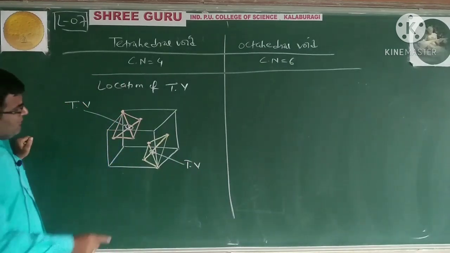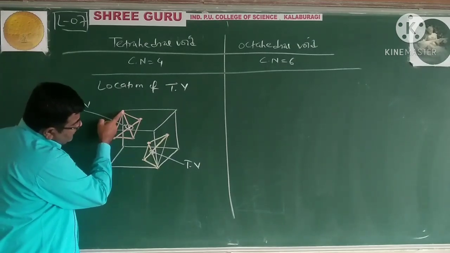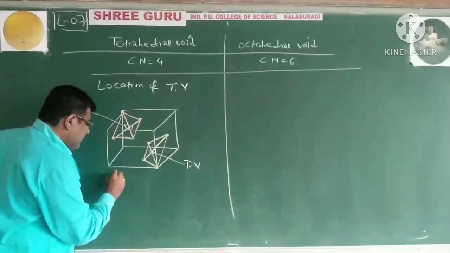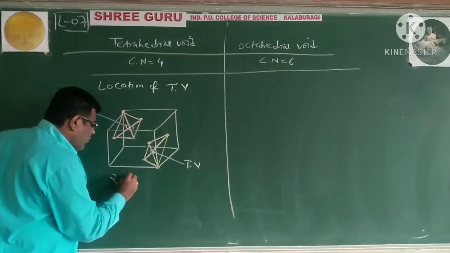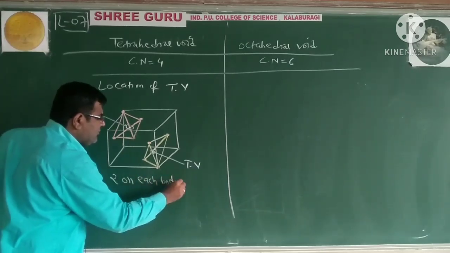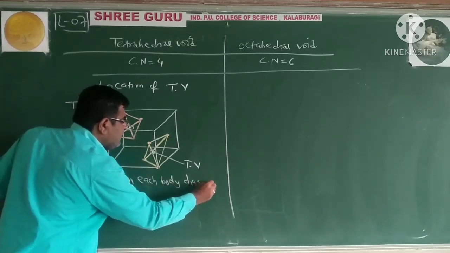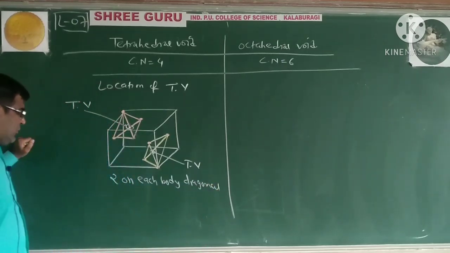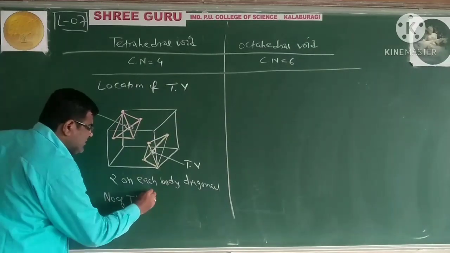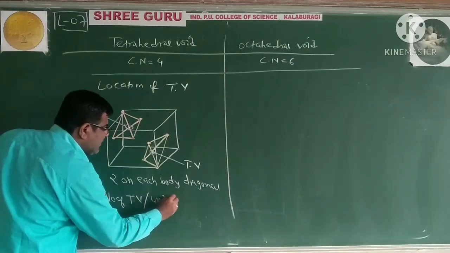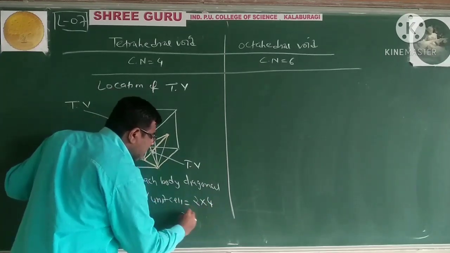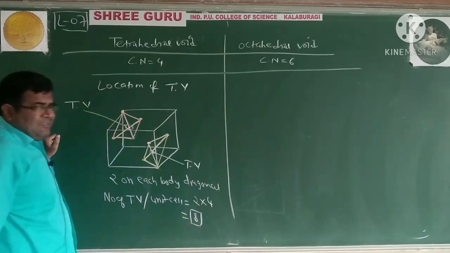Where these voids are present, from this part to this part, we call it a body diagonal. So we can say 2 on each body diagonal. And that's why we can say the number of tetrahedral voids per unit cell: there are 2 on each of the 4 body diagonals, so the number is 8.